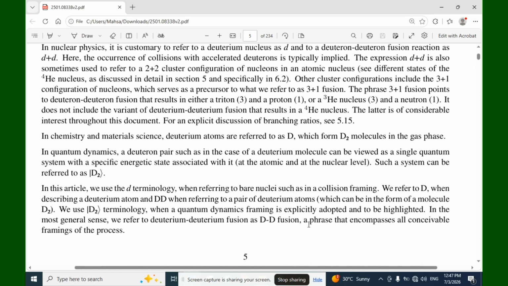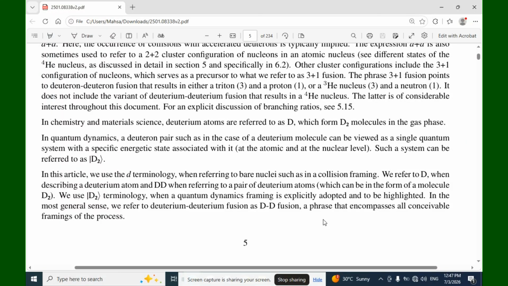In chemistry and material science, deuterium atoms are referred to as deuterium, which form deuterium-deuterium molecules in the gas phase. In quantum dynamics, the deuterium pairs, such as in the case of the deuterium molecule, can be viewed as a single quantum system with a specific energetic state associated with it.